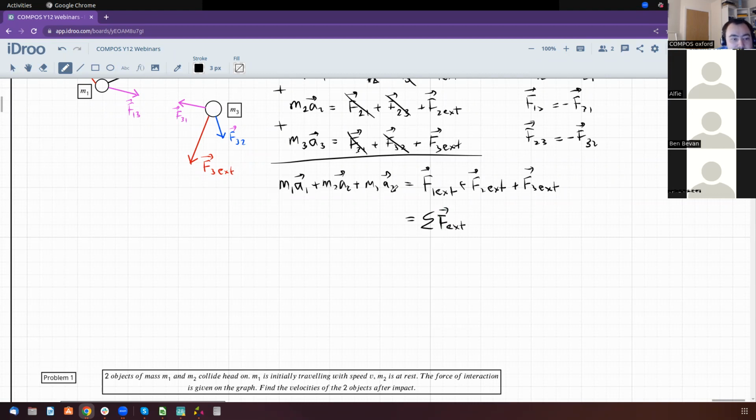And here we will remember that acceleration is change in velocity divided by change in time.